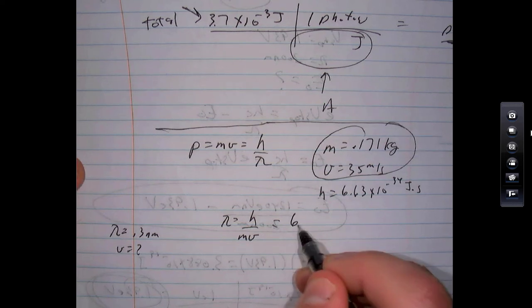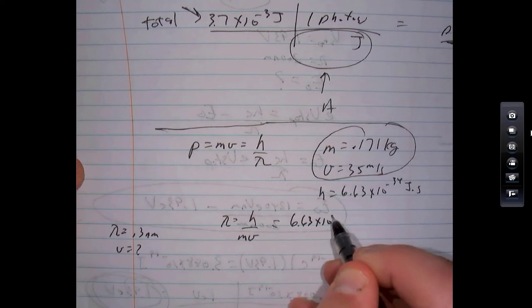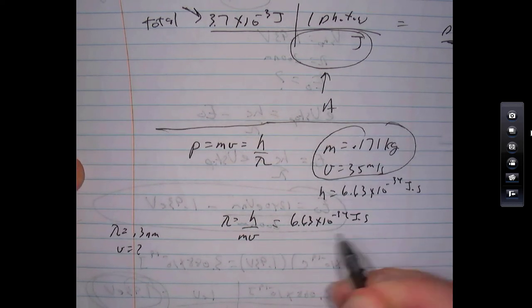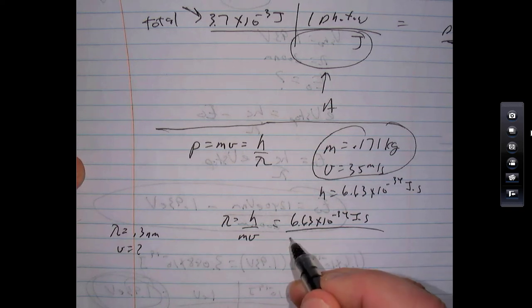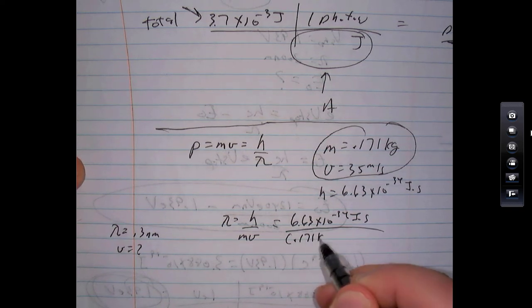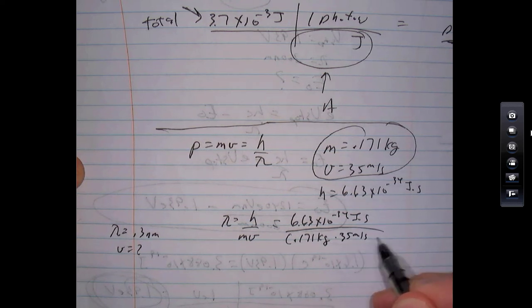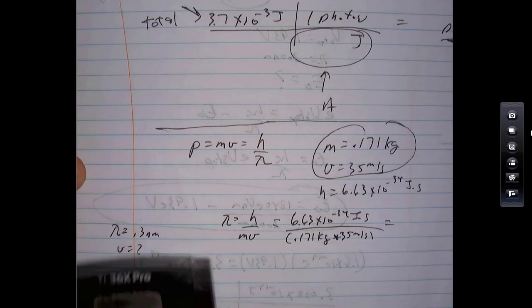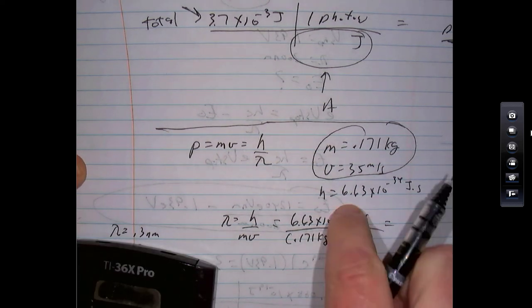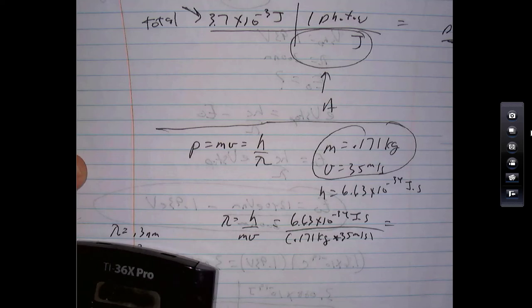So 6.63 times 10 to the minus 34th joule seconds. Put the mass into kilograms, and then multiply it by 35 meters per second. We can figure out the wavelength. You can see it's going to be really small. So 6.63 times 10 to the minus 34th divided by the quantity 0.171 times 35.